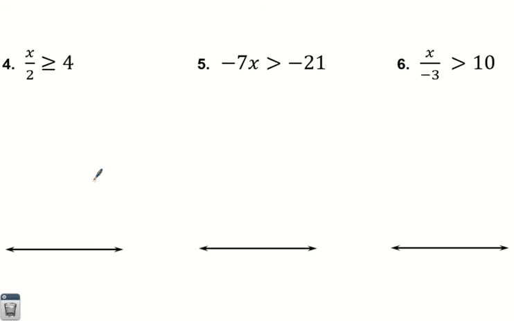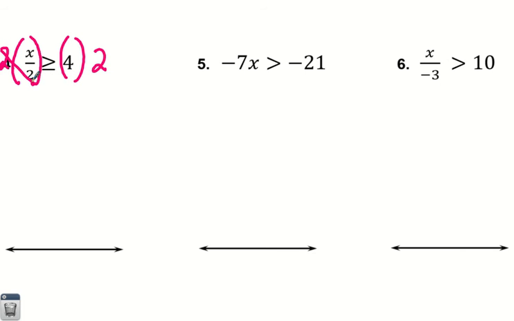In number 4, if you multiply both sides by 2, we're multiplying the left side by 2 to get x by itself. So we also are multiplying the right side by 2.